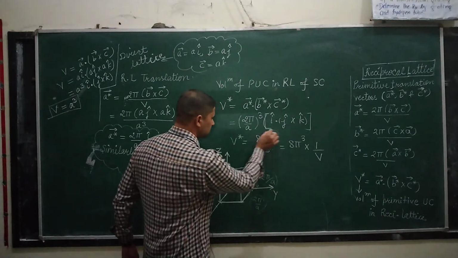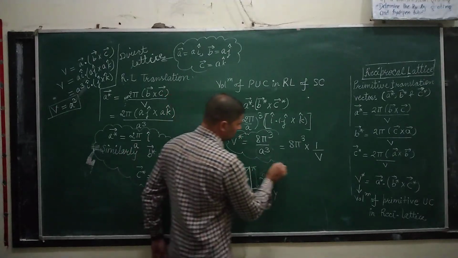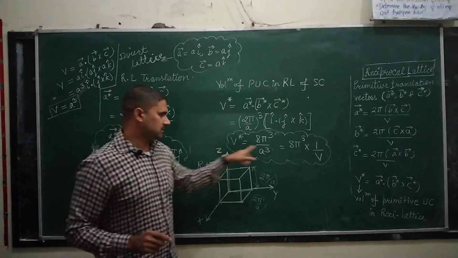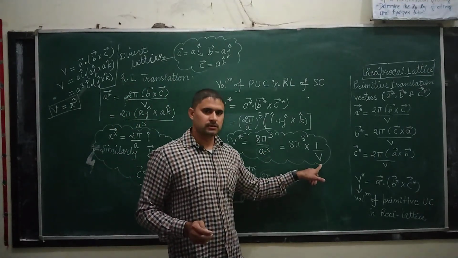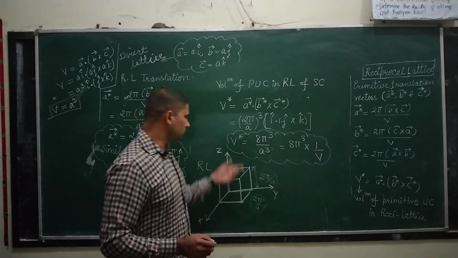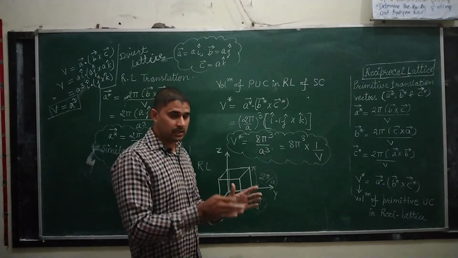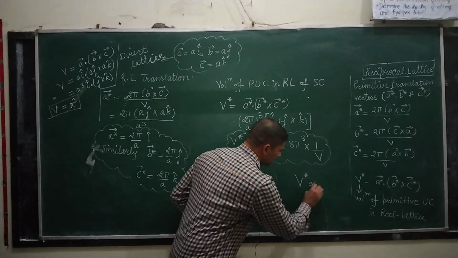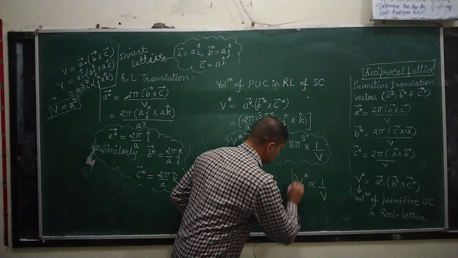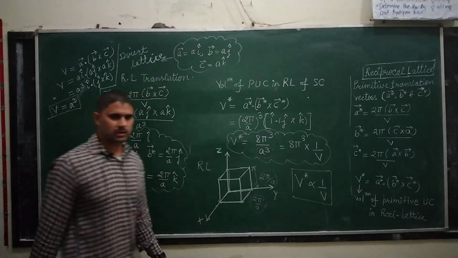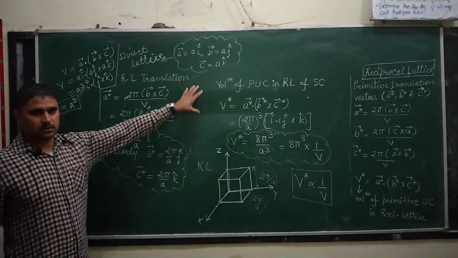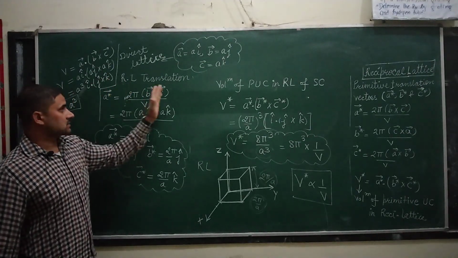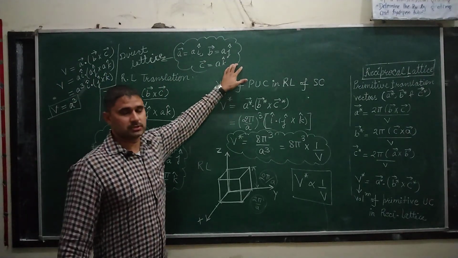So this is the relation which relates the volume of the primitive unit cell in reciprocal lattice to the volume in direct lattice. And you can see these are inversely proportional to each other. V star is inversely proportional to V. Okay class, so this was the short discussion of reciprocal lattice translation vectors of simple cubic. Thank you class.